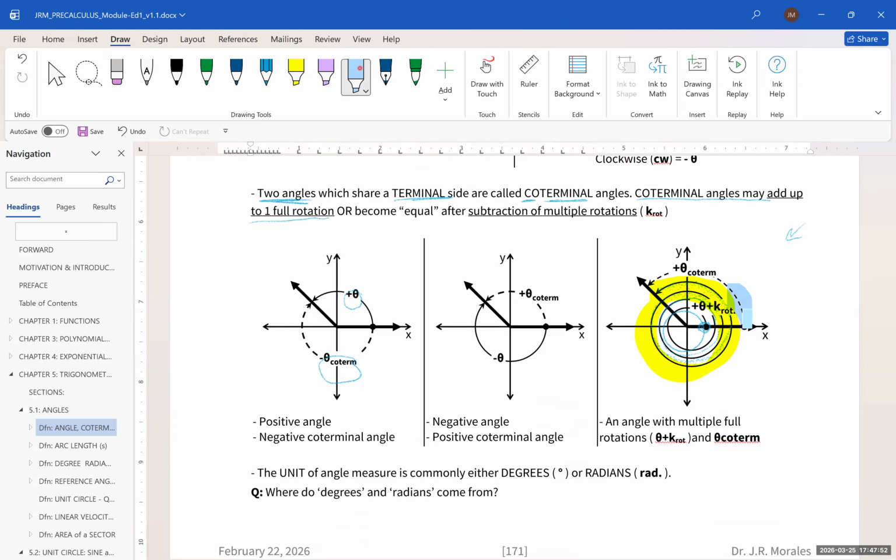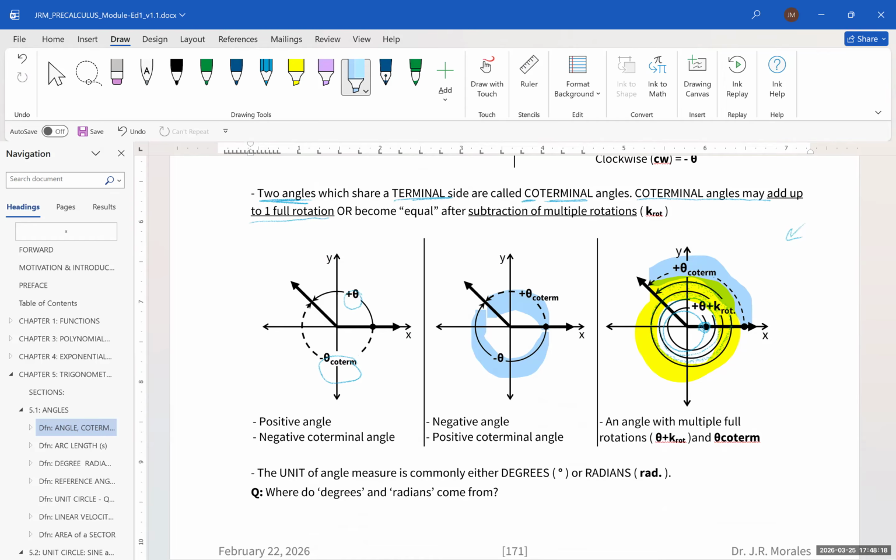This would be the coterminal angle. It does seem like a violation of the definition I gave, because here we've got one angle going in one direction and the coterminal angle going in the opposite direction.